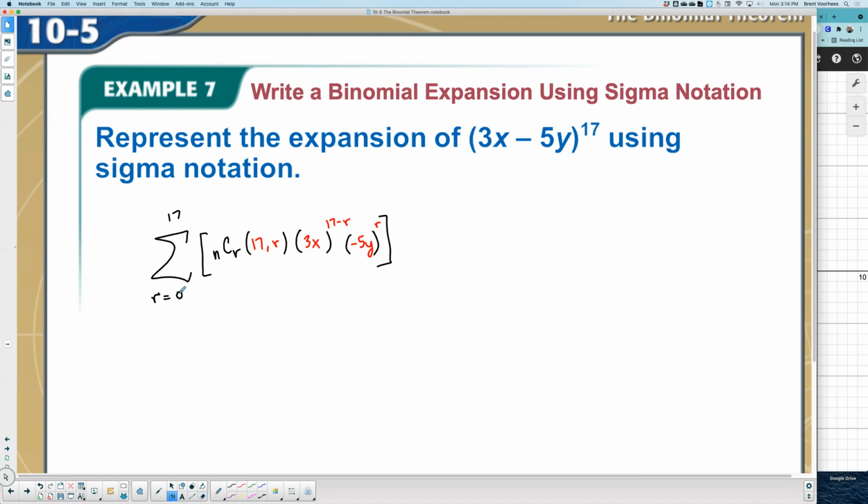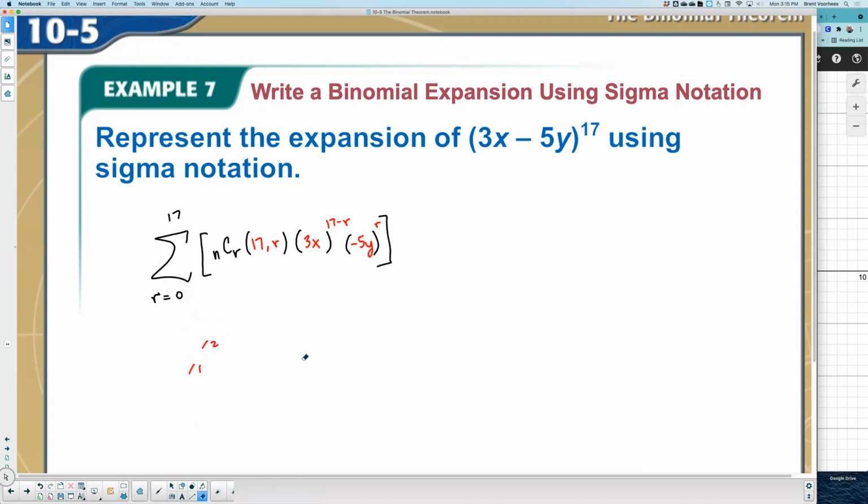Second best would be you plug in a 1 instead, so you lose 1 time. So that means 16 wins, 1 loss. Next best scenario after that would be a 2 goes in. So 17 minus 2 is 15. That's 2 losses. So 15 wins, 2 losses, and so on. And so the calculator would just count up from there. That's the idea. And so that's how it would look in sigma notation right there.